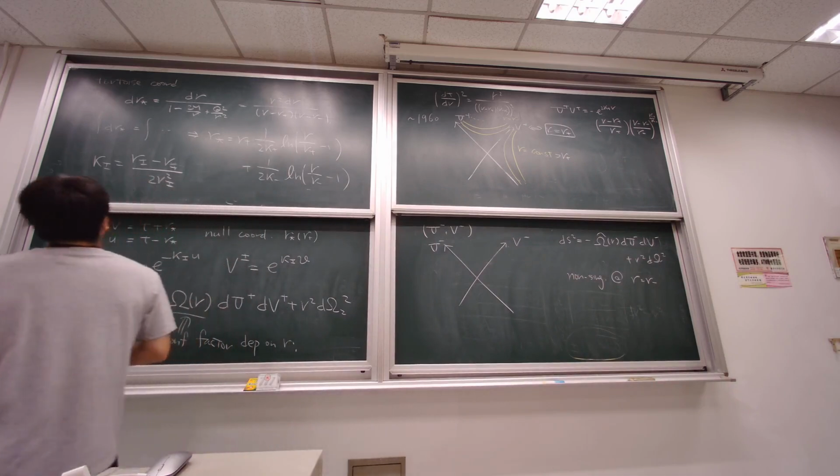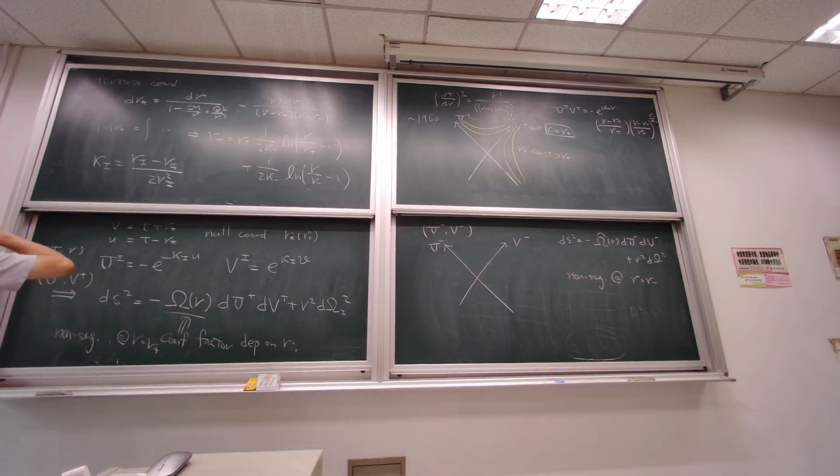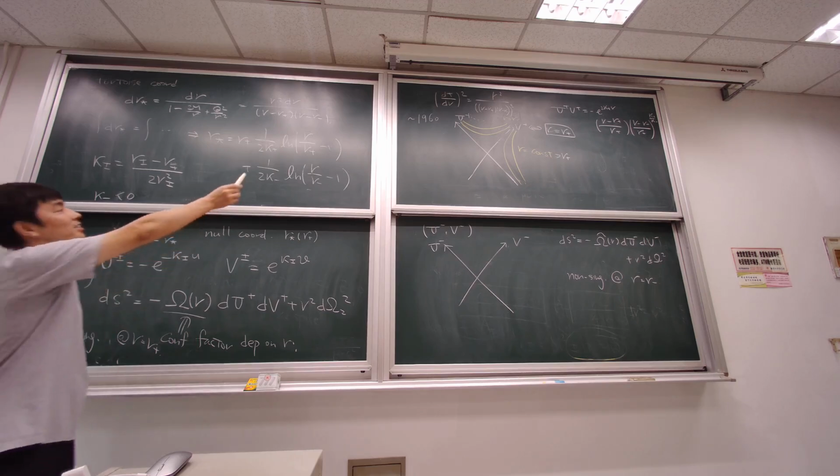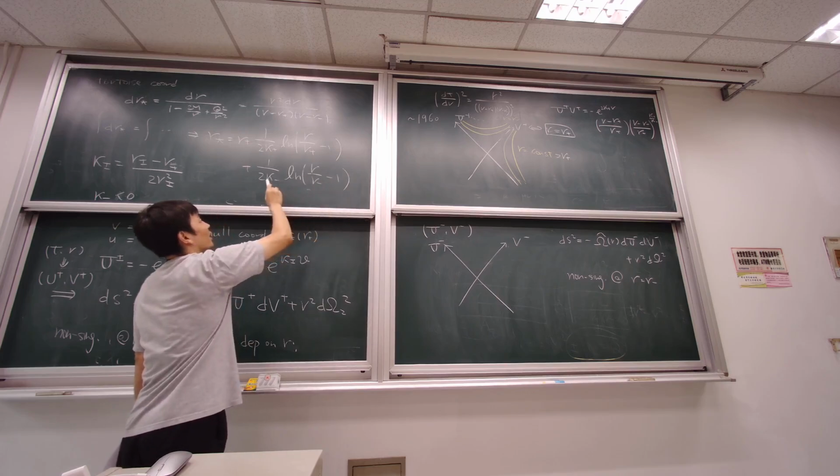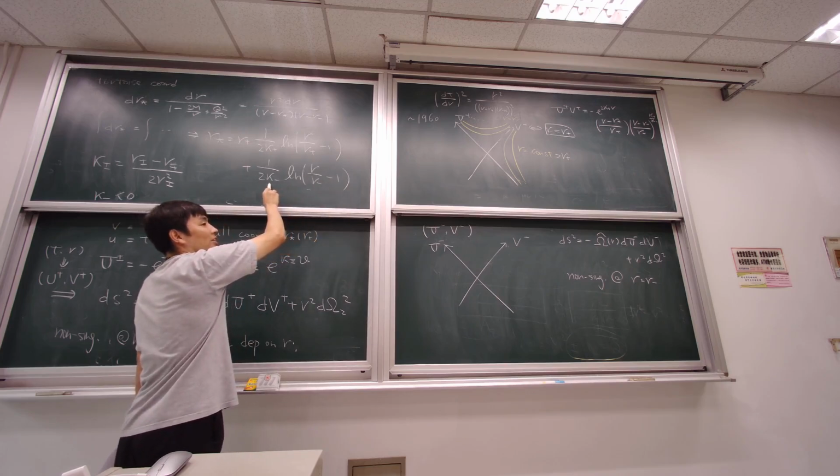Okay, so now we need to pick. Yeah, so our kappa minus is clearly negative. Kappa minus is negative. But if you put r minus into here, it becomes a negative infinity, and this is also a negative quantity.